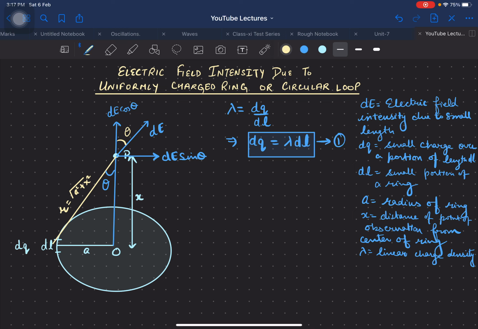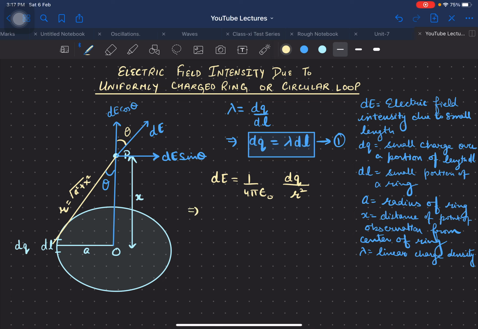Now we have to calculate the value of electric field intensity at point P. So at point P, we will have the electric field intensity dE equal to 1 upon 4 pi epsilon naught, the small charge dq upon r square, where r is the distance of the small charge from the point of observation.